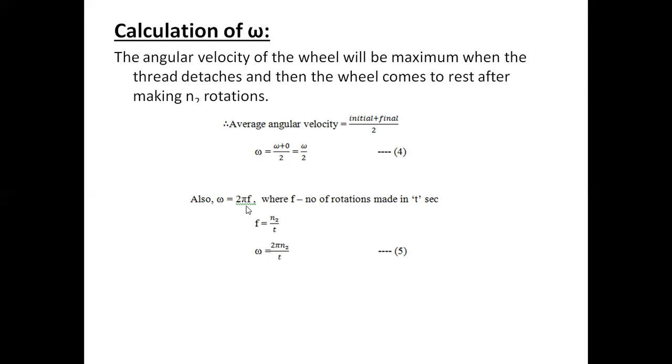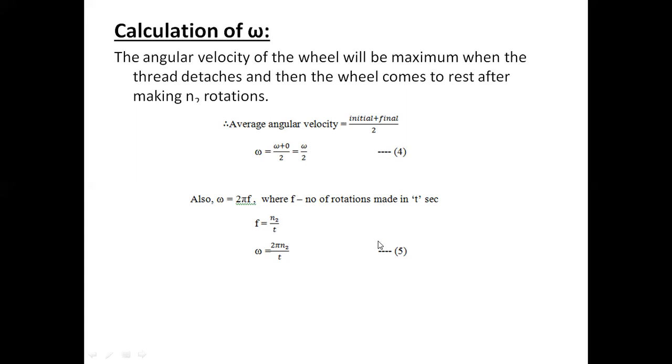Also, we know that omega is equal to 2 pi f, where f is the number of rotations made per second. But here, when the peg detaches from the axle, the flywheel makes n2 number of rotations in time t. Therefore, the frequency can be written as n2 by t. So if we substitute f as n2 by t, we will get omega equal to 2 pi n2 by t.